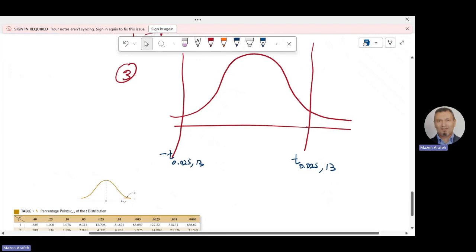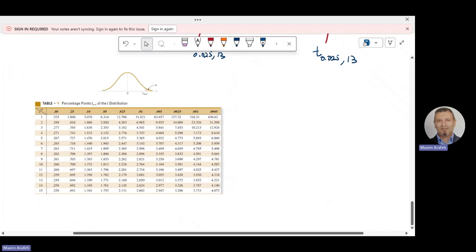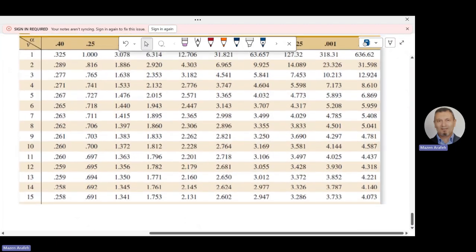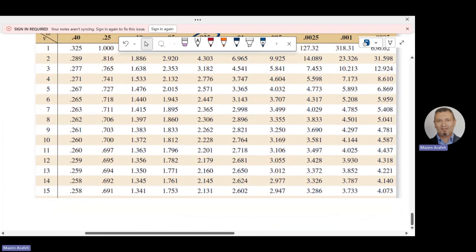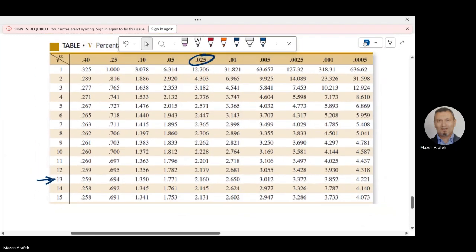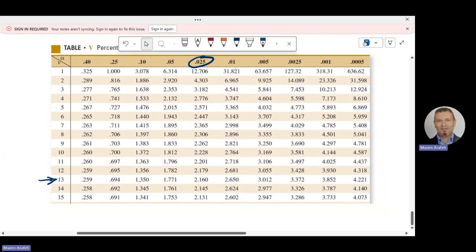Now we need to find this from the table. So I got the table here. Alpha over 2 is 0.025, and here the degrees of freedom is 13. So the critical values are 2.16.